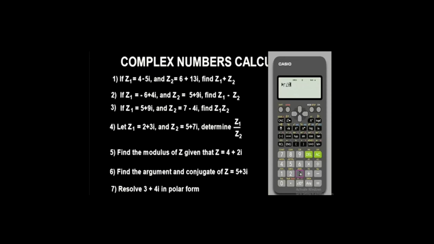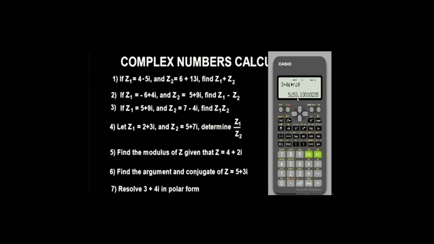Press 3. So go to the back of this and put 3 plus 4i. So that's equal to. So we have it to be 5 angle 53.13. So this is the value in polar form.